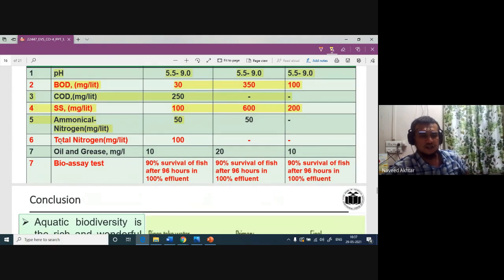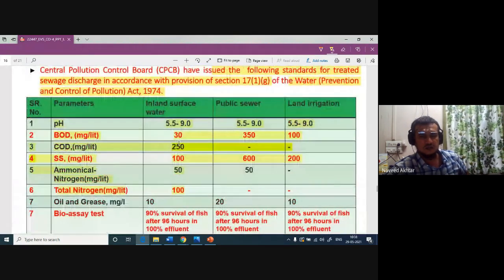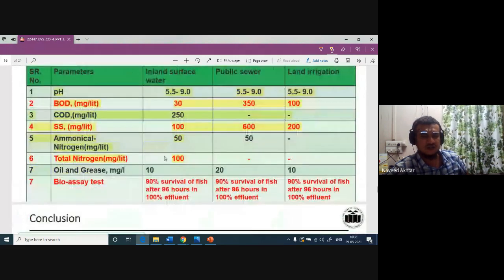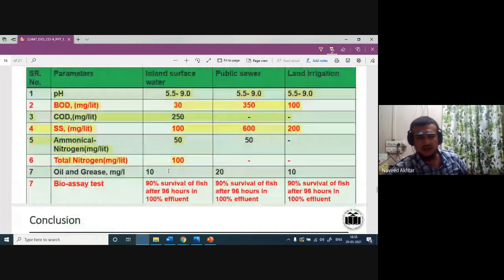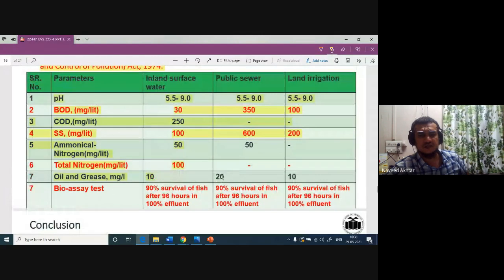The total nitrogen is 100 milligram per liter for the discharge in inland surface. No value is given for public sewer and land irrigation. Oil and grease, milligram per liter, 10 for inland surface, 20 for the public sewer, and for irrigation also.